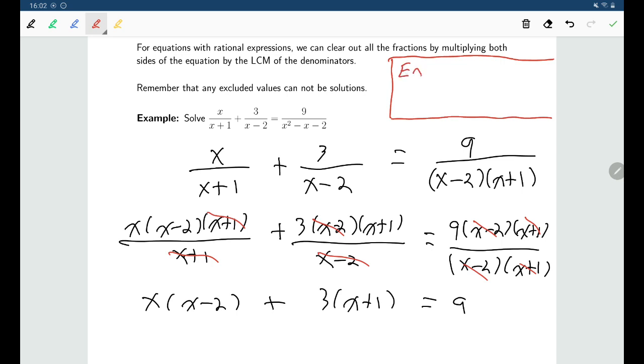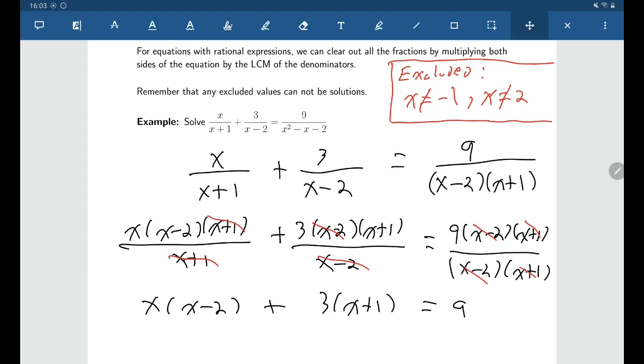So if we're thinking about what's excluded, you cannot have a value of x being negative 1 because that would make the denominator on the far left 0 as well as the denominator on the far right. And x being 2 is excluded as well because that would make two of our expressions undefined as well. It would make their denominators 0.